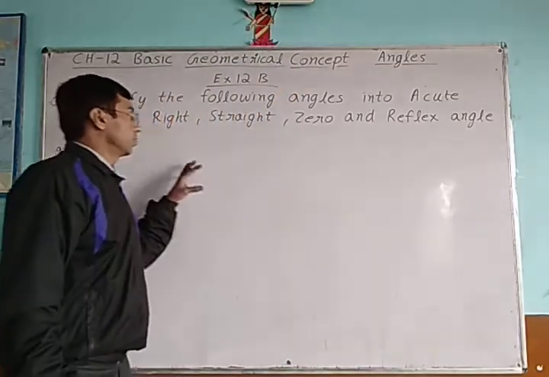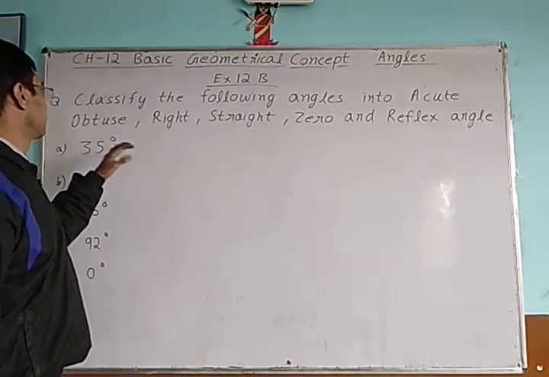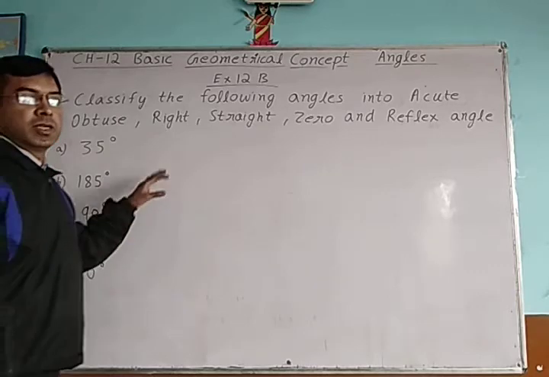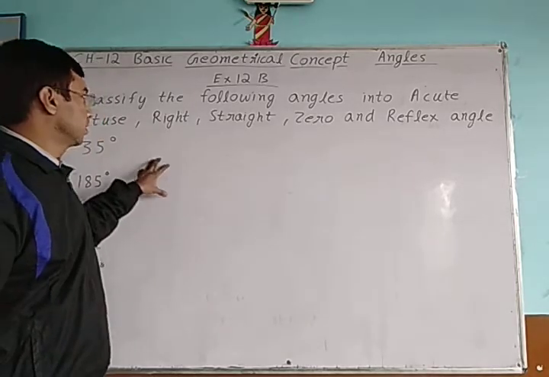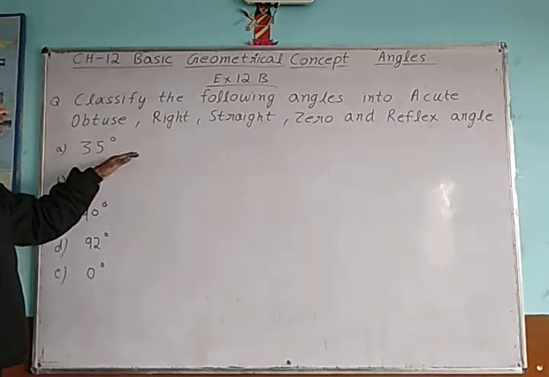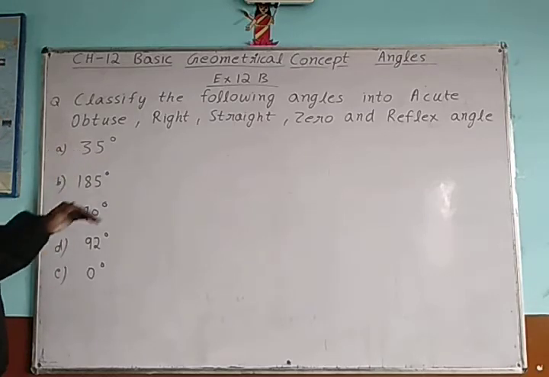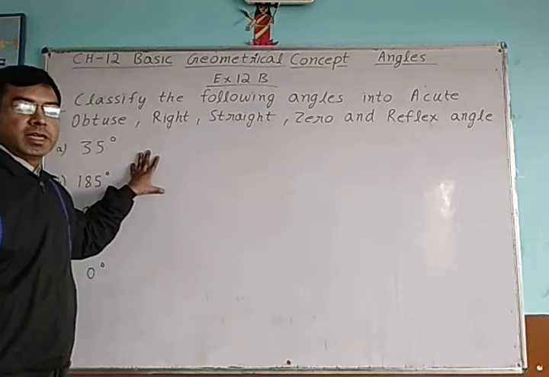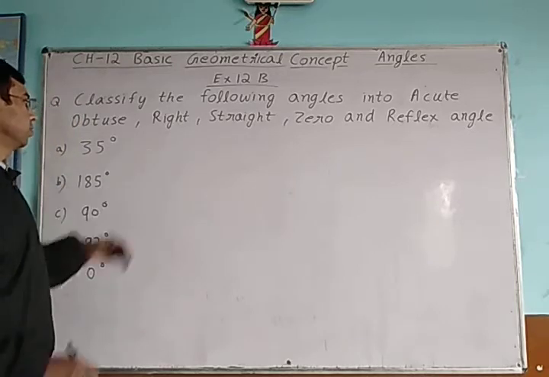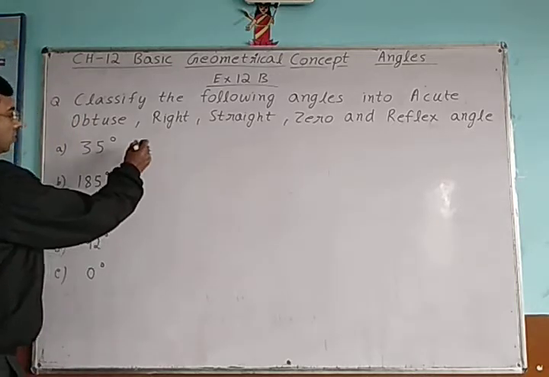Let's do this question of exercise, question number 1. Student, I have explained types of angles. So according to that, we have to classify which angle it is. Clear? 35 degree. Student, angle less than 90 degree is called acute angle. So it is 35 degrees. So what is it?